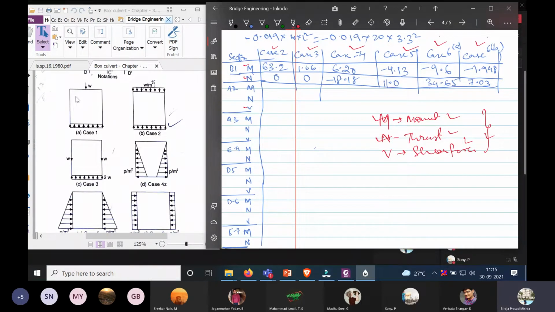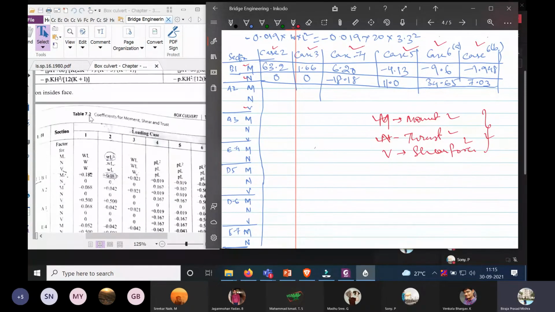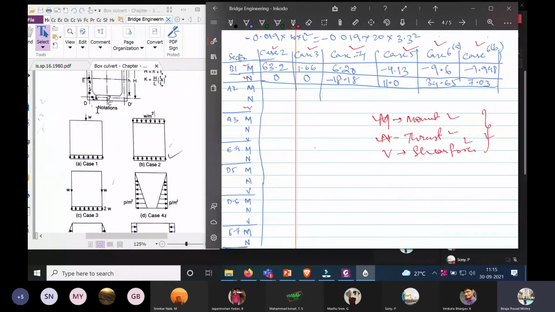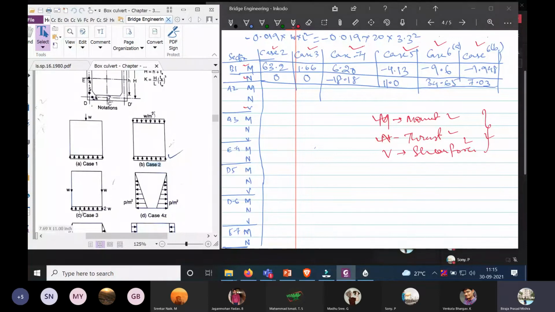For the first case, if the load which is acting on the top of the box culvert is in the form of a concentrated load, then we need to take the load case 1. If it is in the form of a UDL, we will consider case 2. The third case is about the weight of the vertical sidewall.